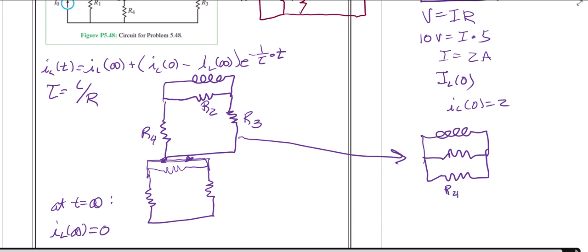So that's R4 plus R3, and this is R2. You can see that from the point of view of the inductor, those are definitely in parallel. R2 was 10, so it's 10 in parallel with R4, which is 7, plus R3, which is 3. So that's 10 in parallel with 10, which is 5. So R equals 5.